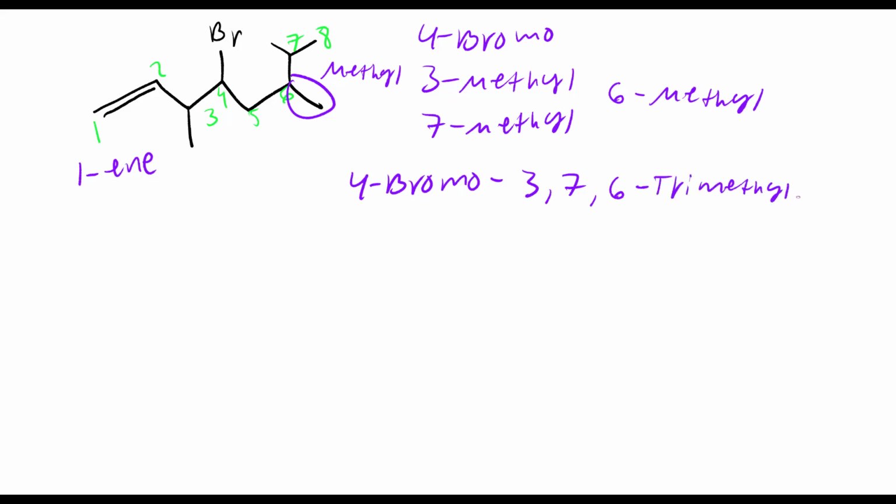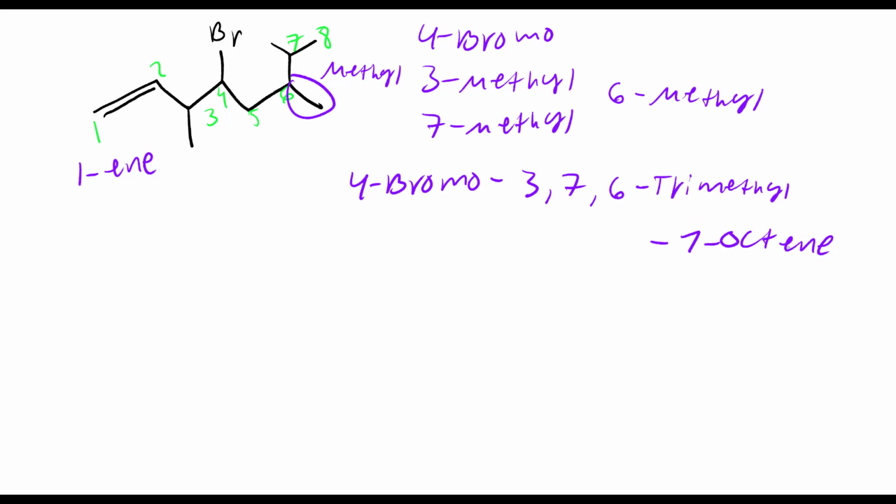And what do we have here? Well, we have a 1-heptene. Oh, I'm sorry, not a heptene, but an octene. So this means that we have 8 carbons in our molecule.